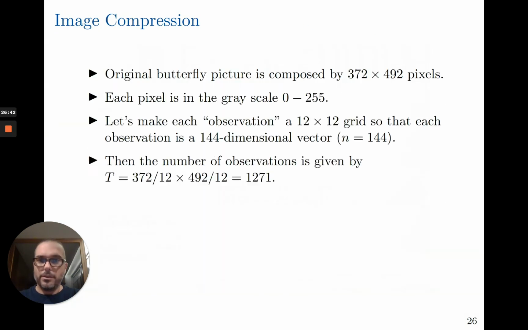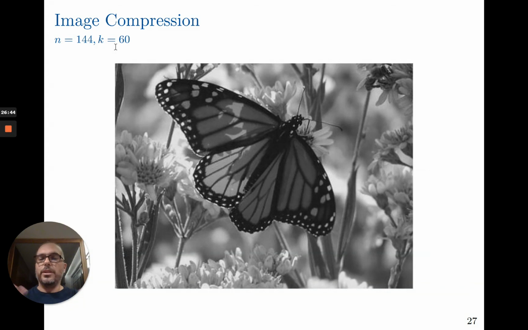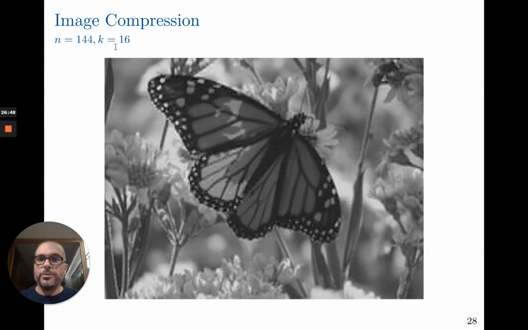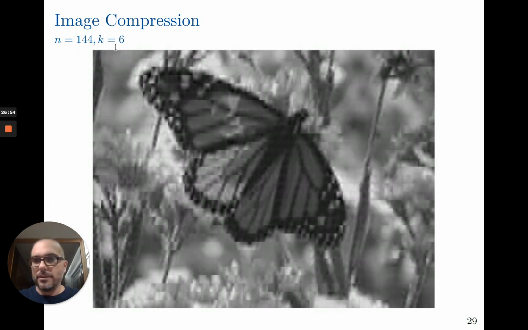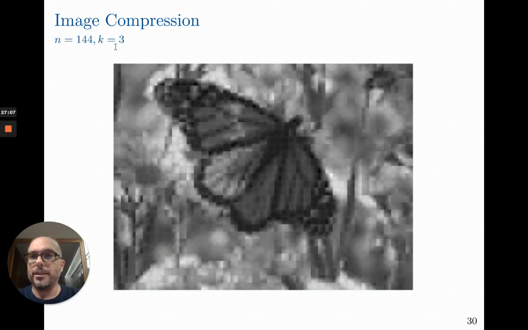Comparing to that picture, we almost see no difference. It looks like the same picture. Now if we reduce to 16 principal components, we start to lose some definition. With 6, we lose quite a lot, but we still recognize that's a butterfly. If you just want to recognize which animal is in the picture, you can easily detect it's a butterfly. That's with 3. Still not bad.